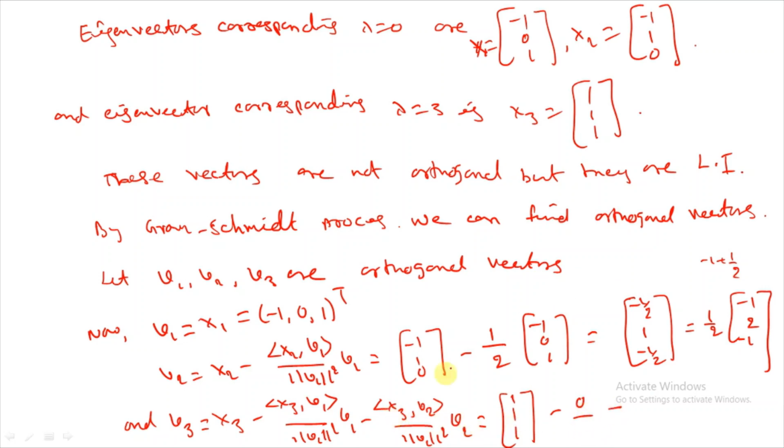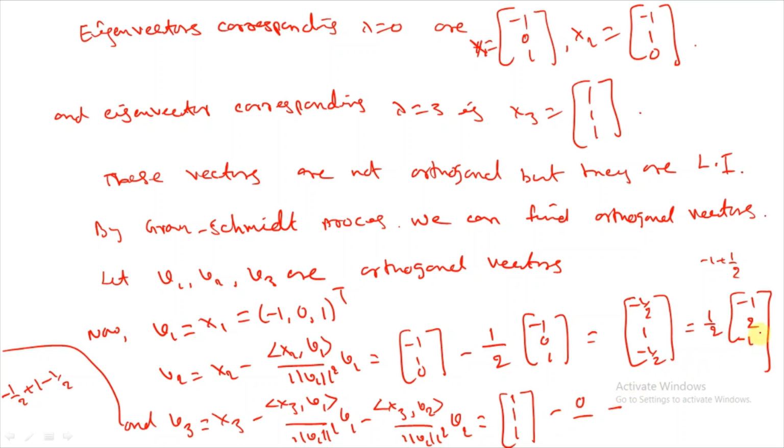Minus x3 with v2: 1 1 1 with v2 is minus 1 by 2 plus 1 minus 1 by 2, again it's 0.